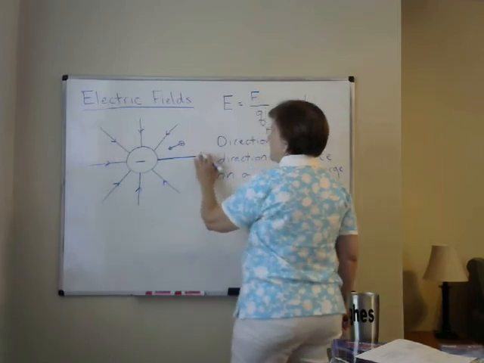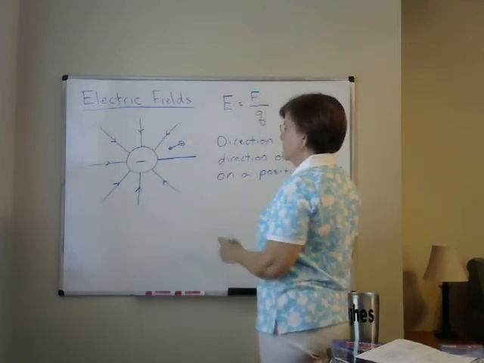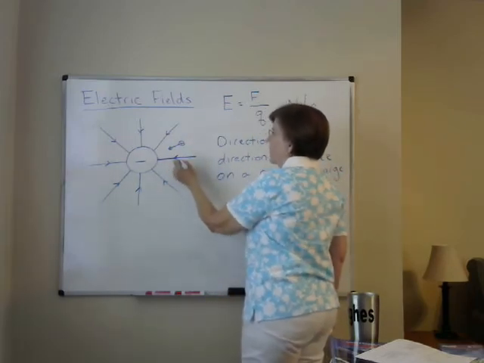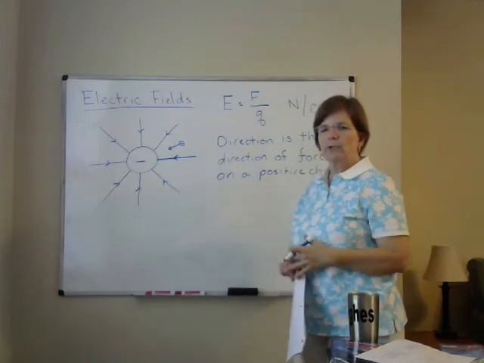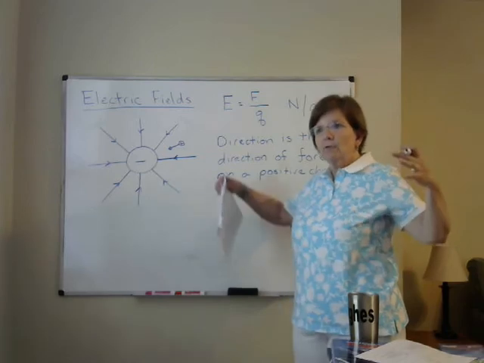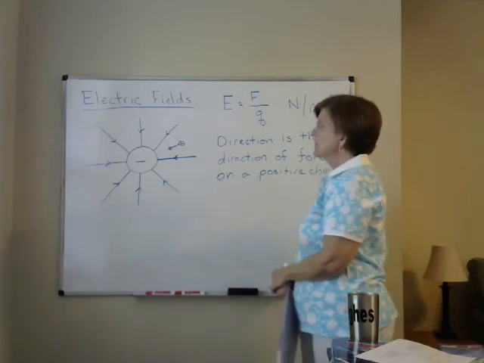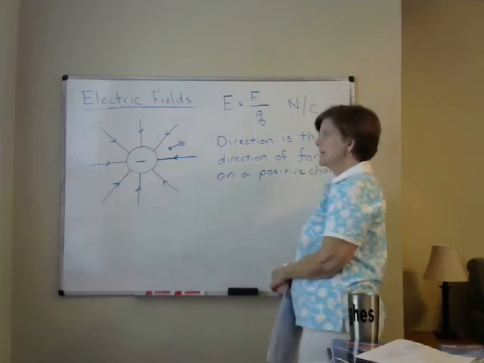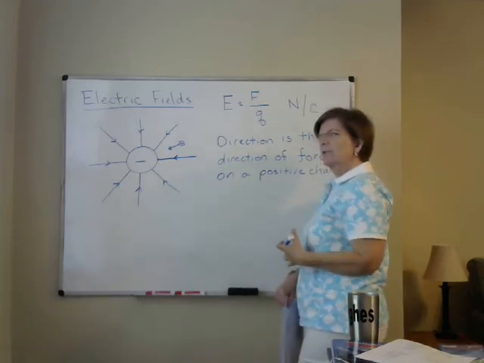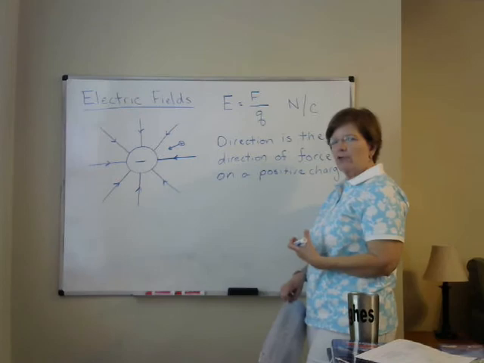That's a little different. A gravitational field wouldn't have two directions because it would always be attractive. The Earth's gravitational field always points towards the Earth because it attracts other masses. But electric fields, you have to know, point away from positive charges, but towards negative charges.